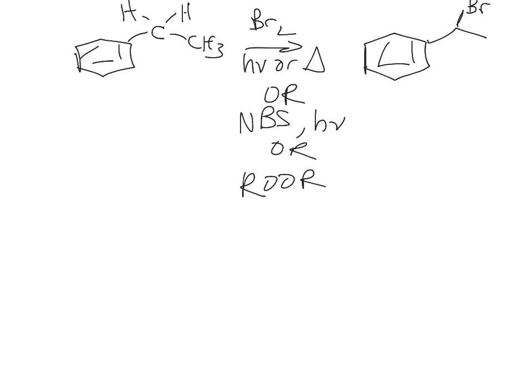It works because that benzylic radical is resonance stabilized, just like allylic ones were, if you remember back in the radical chapter. It can be stabilized just like allylic radicals. So, if you use Br2 and FeBr3, you're going to brominate the ring.